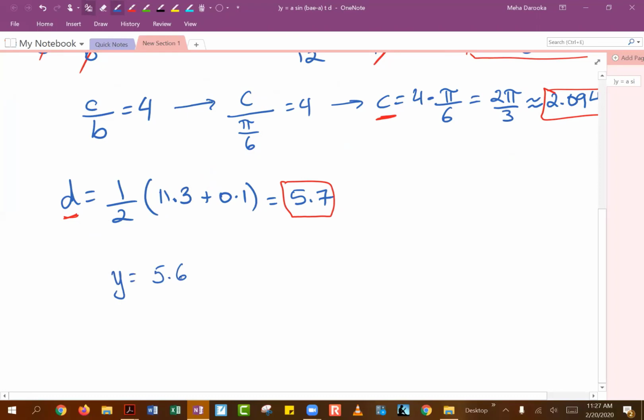Okay, so that would be sine of 0.524. And what's our variable here? They're actually using t, since t represents the time of the day.